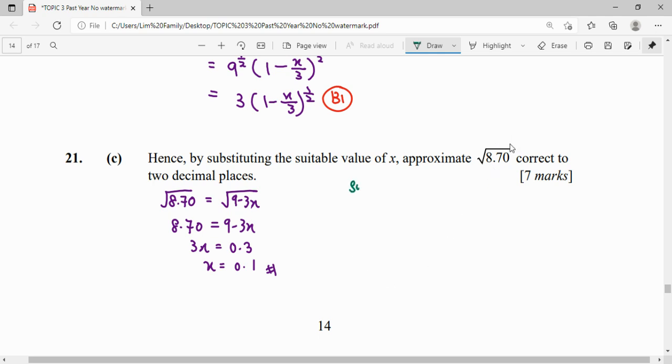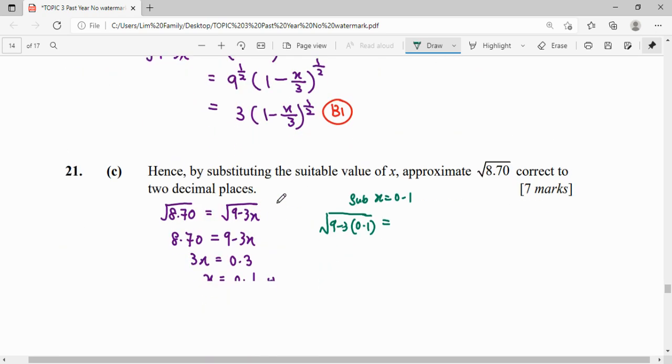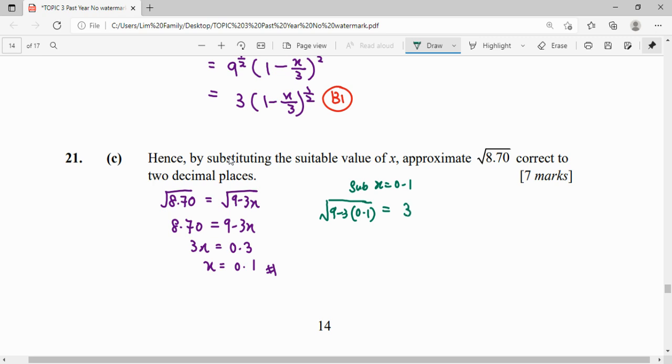So we will try to substitute x equals 0.1 into the square root of 9 minus 3x. For this square root of 9 minus 3x, it is in this kind of form, so it will equal 3 in the bracket 1 minus x over 3 to the power 1 over 2.